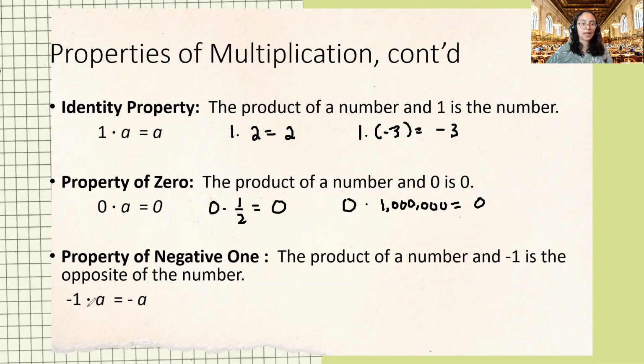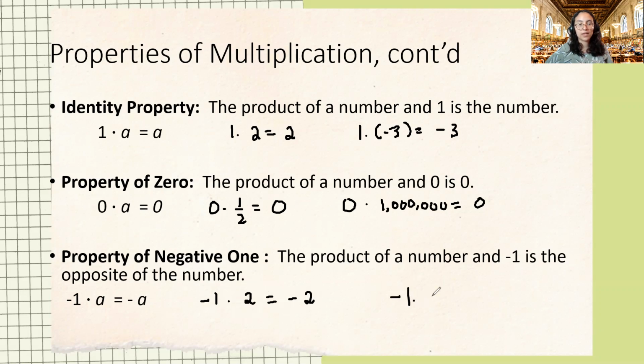Okay. And finally, for the property of -1, we state that when we multiply a number and -1, we get the opposite of that number. So, for example, if I multiply -1 times a +2, -1 is going to make 2 its opposite. Since it's positive, the opposite of a positive number will be negative, so we'll get -2.